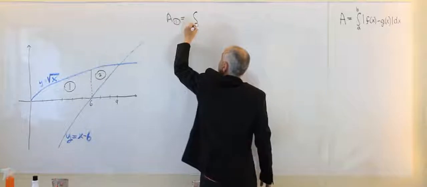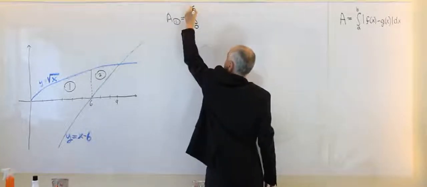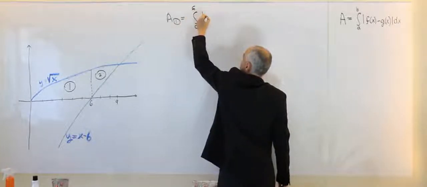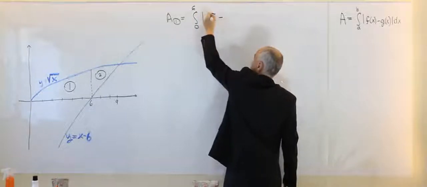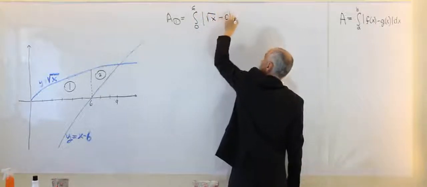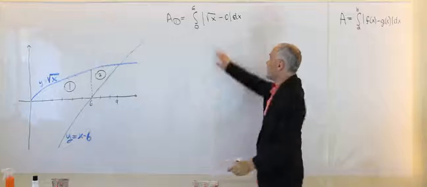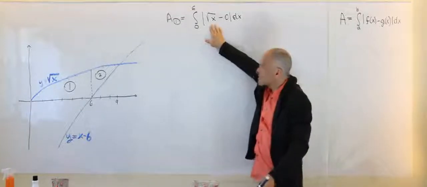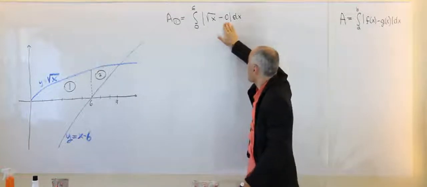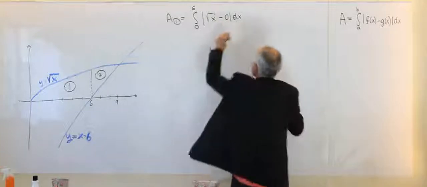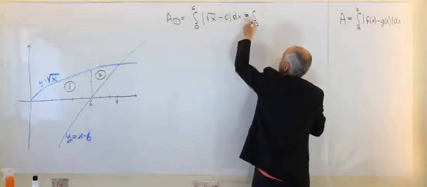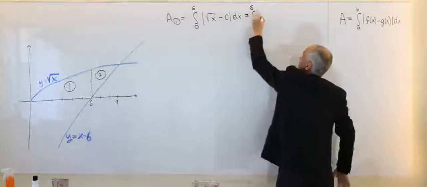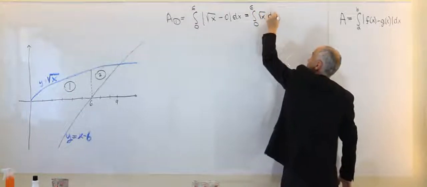So if I write the square root of x first, then actually I don't need the absolute value because the square root of x is bigger than 0, right? So this is simply just the integral from 0 to 6 of the square root of x dx.